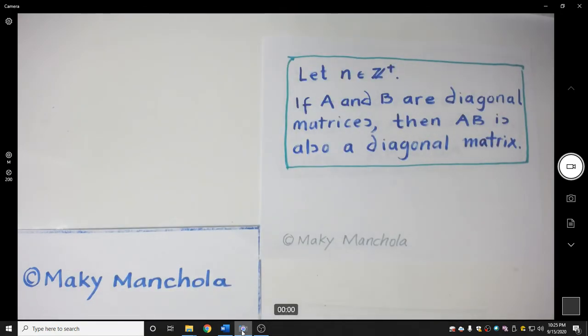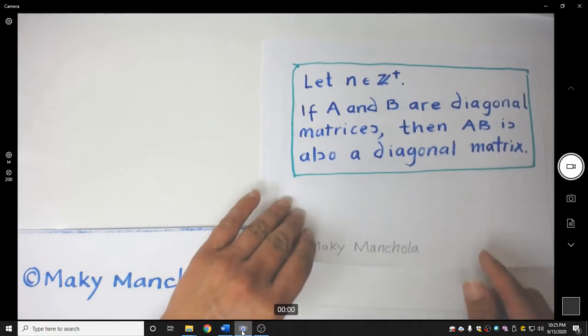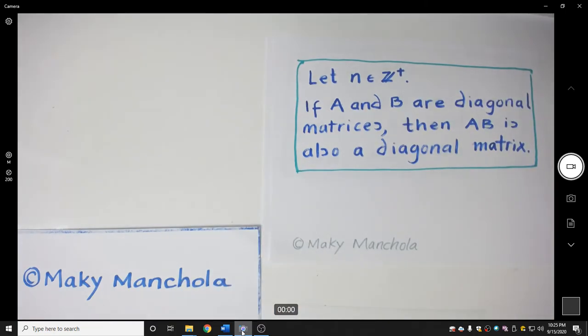Okay, so here is a property. Let n be a positive integer. If A and B are diagonal matrices, then the product AB is also a diagonal matrix. Now let's look at a proof of this.